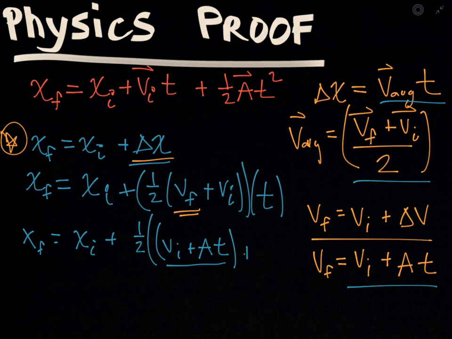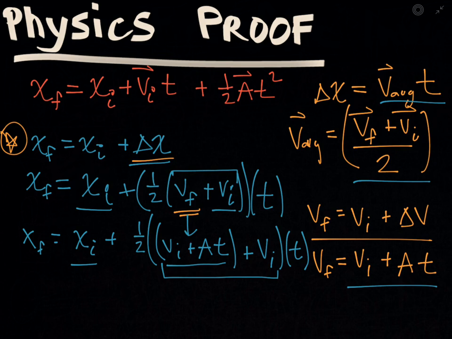And we need to add this initial velocity and multiply the entire thing by time. All right, so we have our initial position. We have 1/2 this quantity, where this is final velocity, and that is initial velocity, and we have our time here on the end.